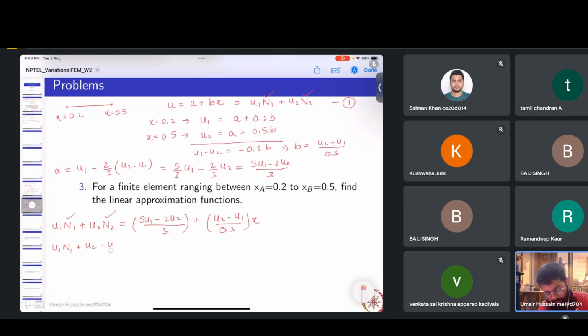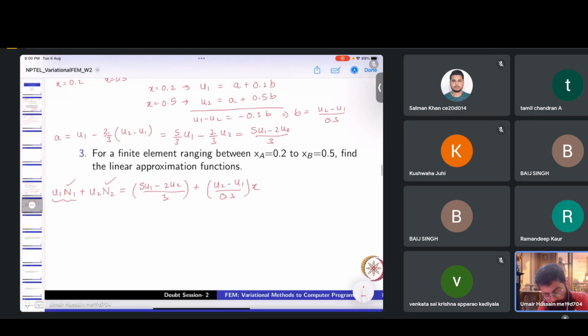So a simple thing is, what if we can arrange the right hand side in this same way? We have multiple u1 terms. If we combine all the coefficients of u1 together, what will we get?